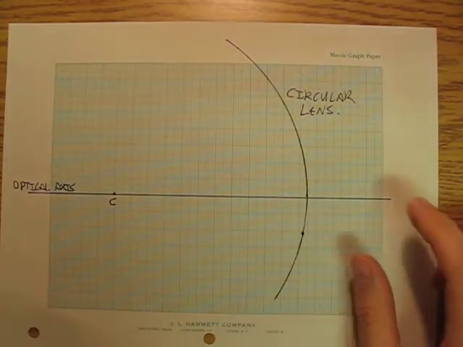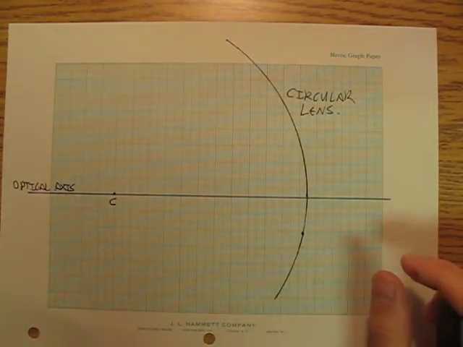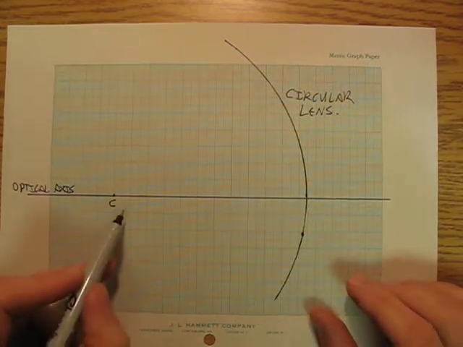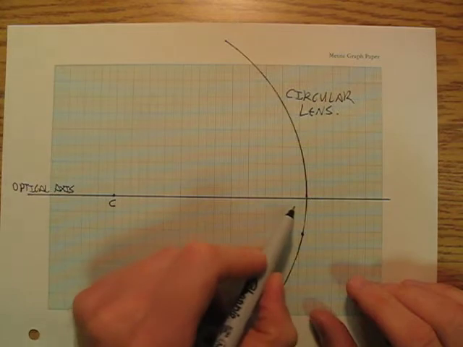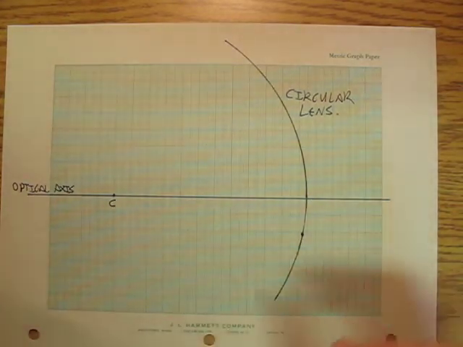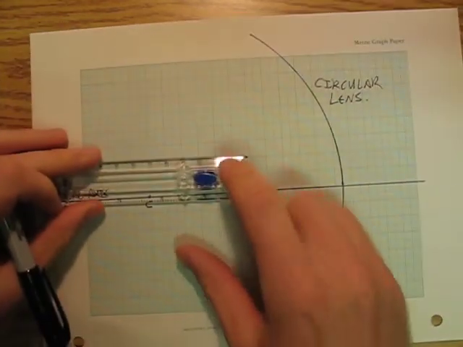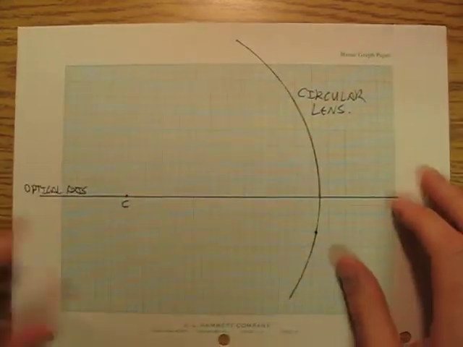And now I'm going to talk about what the focus is. So here I go, 1, 2, 3, 4, 5, 6, 7, 8, 9, 10, 11 and a half, which is exactly what it says right there, so it makes sense.